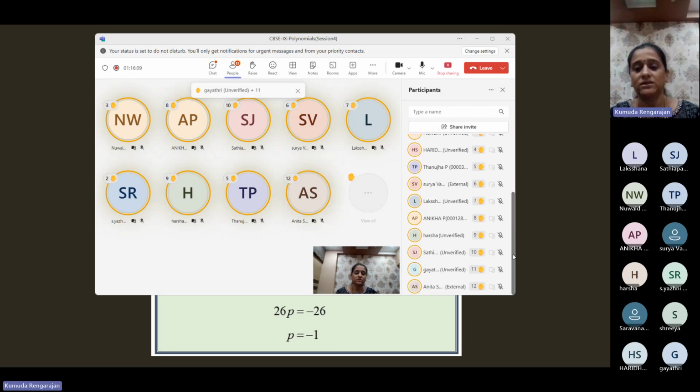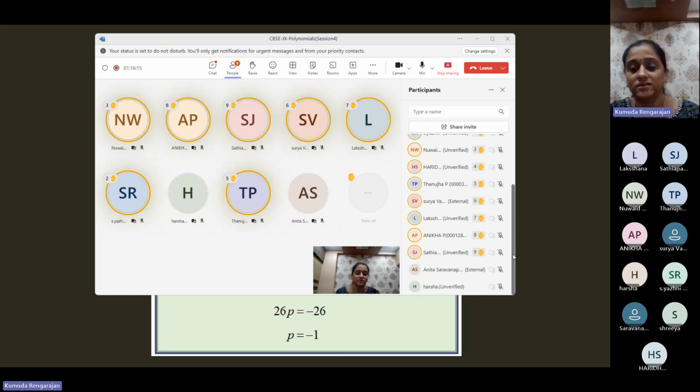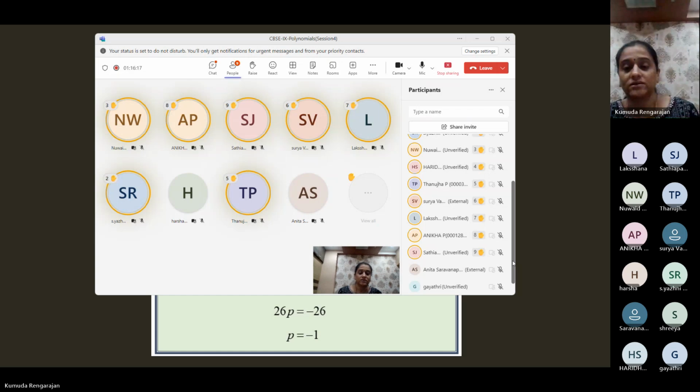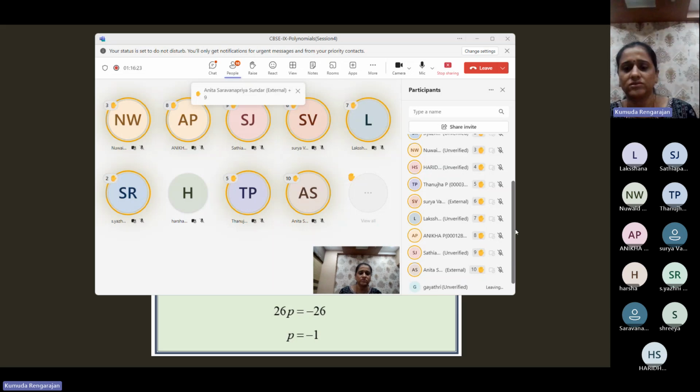Surya, Lakshana, Anika, Harsha, Sanjay. Oh, Rahul, Anita, and Gayatri. Gayatri, you've joined from 2 different devices? Okay, no. Okay, good children, fine.